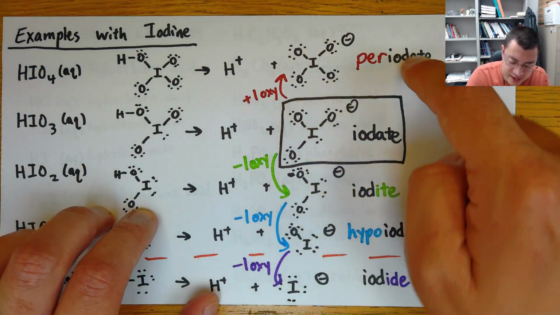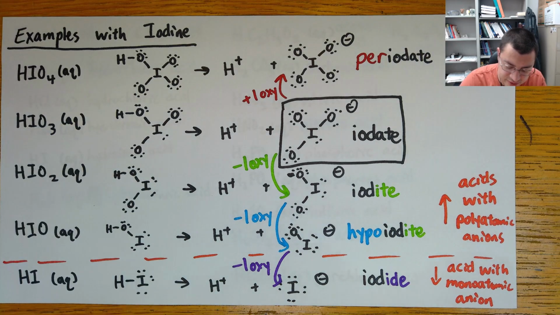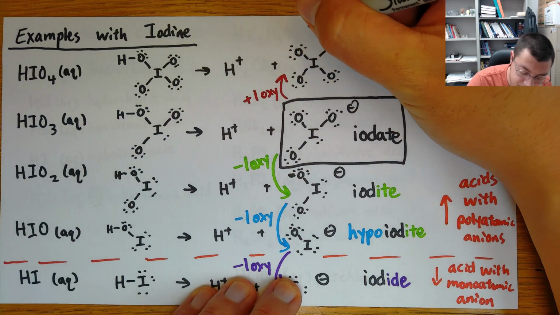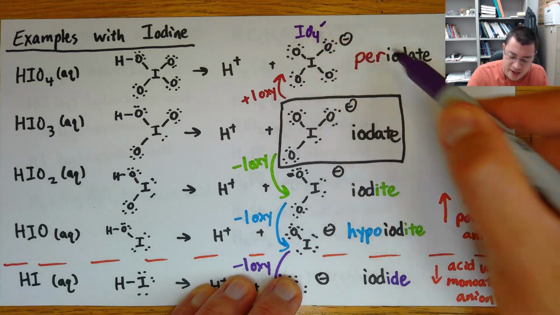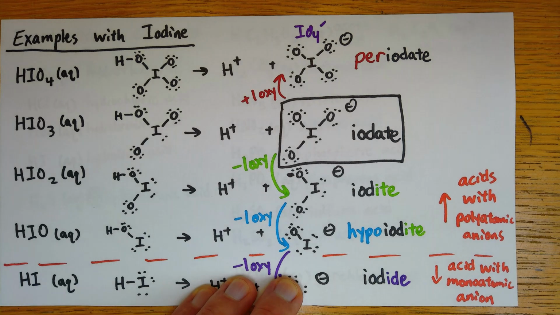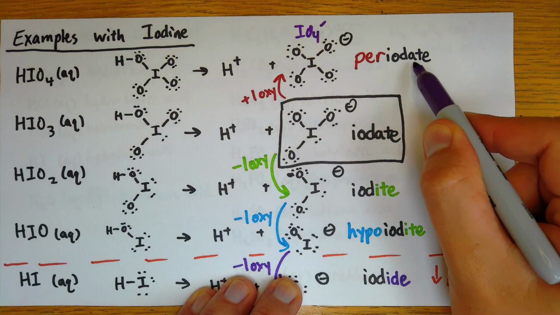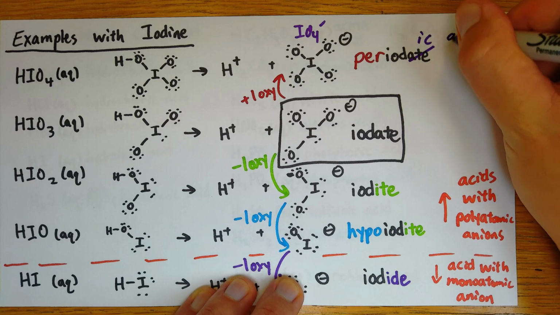IO4- we know as the periodate anion. You go to your polyatomic ion list and you'll realize, oh, that is periodate. So to name this acid, we change the "ate" into ic acid.